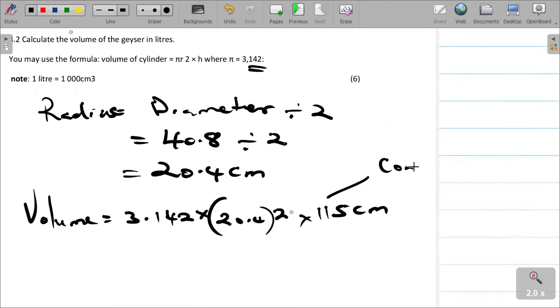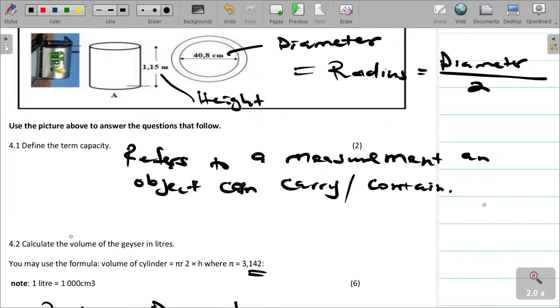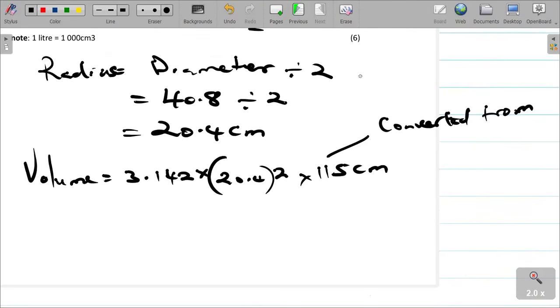It is converted from 1.15 meters, which is going to give us this 115.